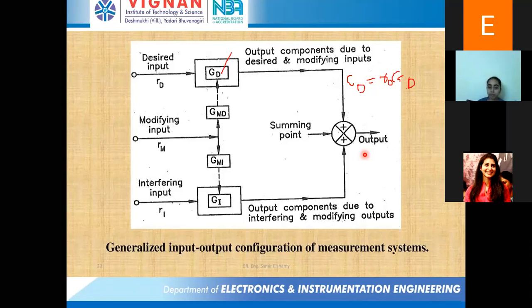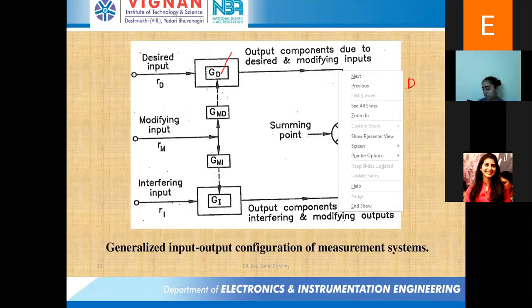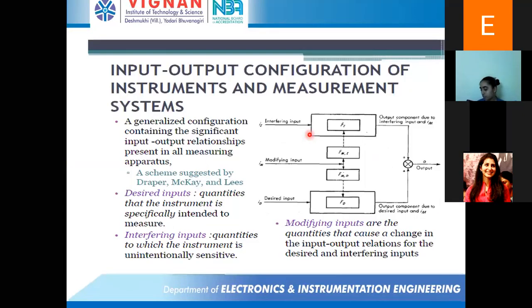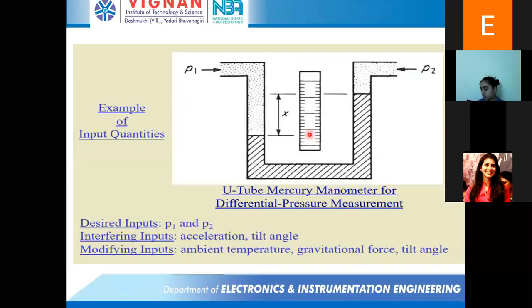We can say that an instrument or measurement system may have several inputs of each of these three types and thus have several outputs. It may have a single input, or two inputs, or three inputs, and may produce several outputs. Now we are going to explain this using a small example.